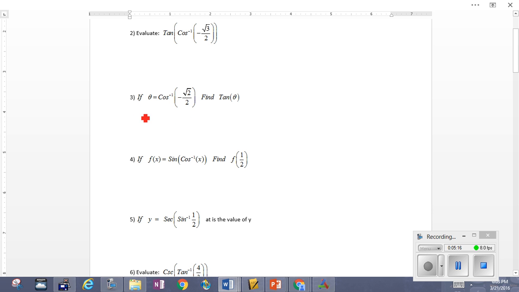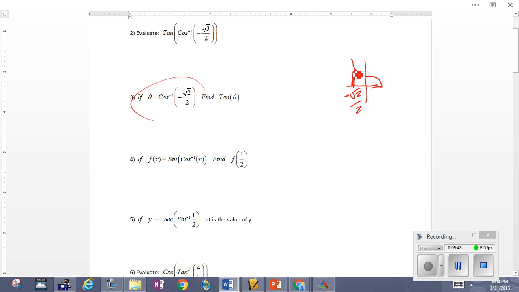This is one that you shouldn't have any problems with. The cosine inverse, that is a pi over 4 reference. Of course, we have to recall what the graph of the inverse cosine looks like. So here's my graph of the inverse cosine. I'm taking the negative root 2 over 2 over here.